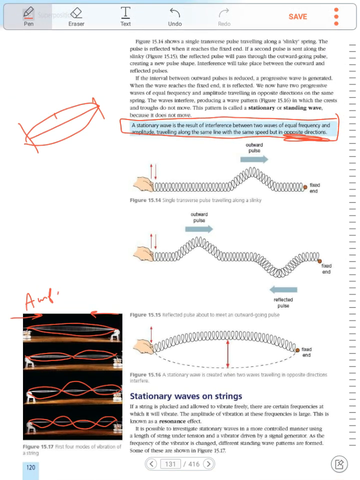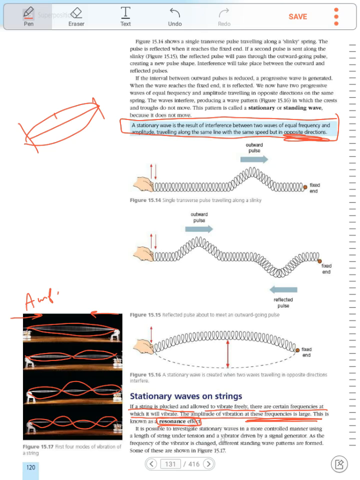Stationary waves on a string: if a string is plucked and allowed to vibrate freely, there are certain frequencies at which it will vibrate. The amplitude of vibration at these frequencies is large. This is known as the resonance effect.